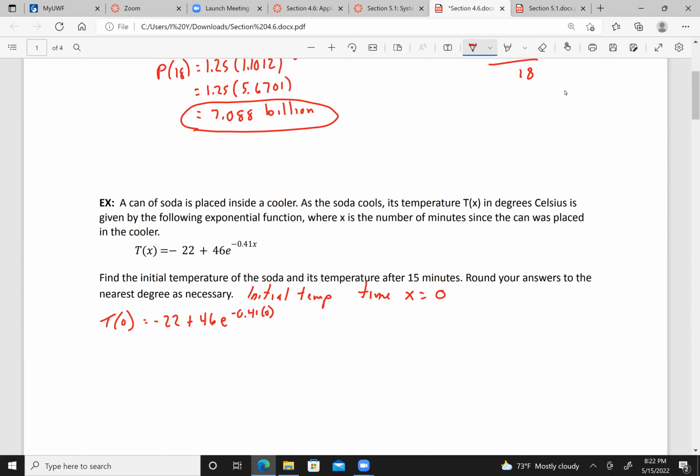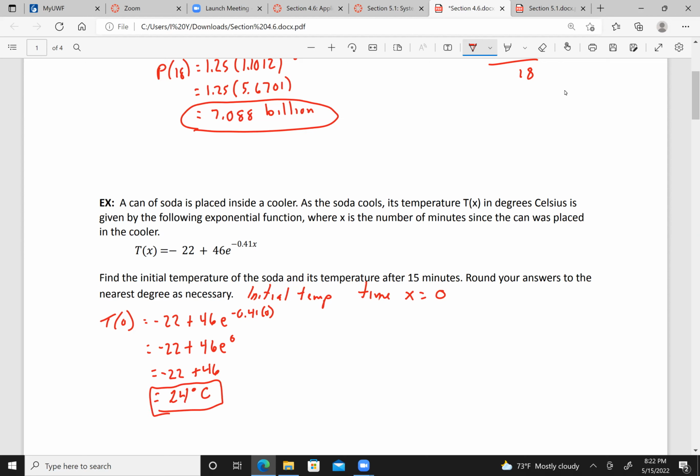Okay, so working with these exponents, this simply is 0. E to the 0 is 1, so we have negative 22 plus 46, which is 24 degrees Celsius.